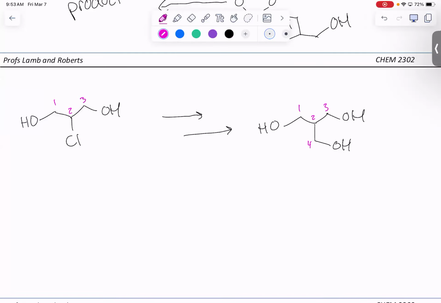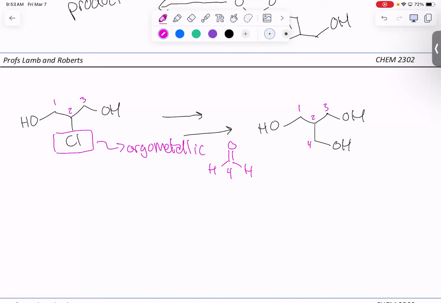So how are we going to do this, right? I think a great way would be through an organometallic reagent. We can make an organometallic reagent here, and then we could add it to formaldehyde, and that would give us a carbon and another oxygen. It would add in carbon number 4 and our third oxygen.